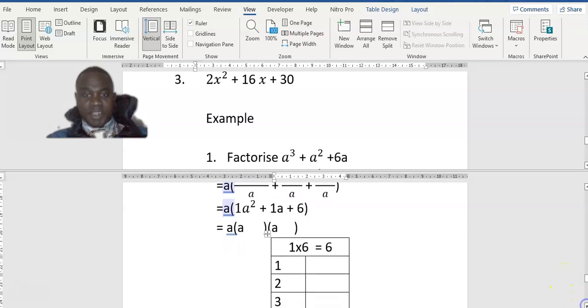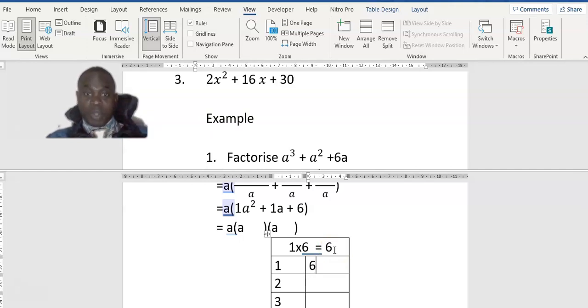Then it means we need to find two factors that will give you 6. Now our last term is plus, so it means we are going to have plus plus or minus minus. So we are going to start with plus. So 1 times any number will give you the same number, so it means 1 times 6 is going to give you 6.